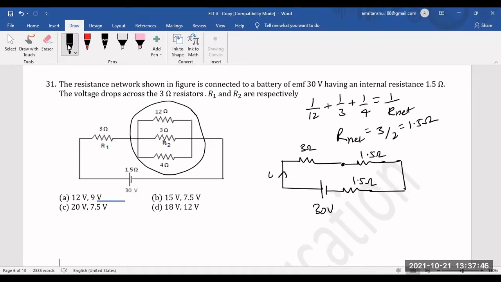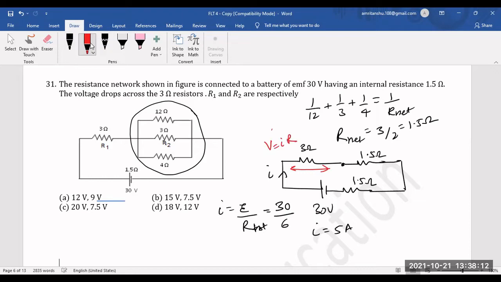So now the current I is equal to E by total resistance R total. E is going to be 30 and R total is going to be 3 plus 1.5 plus 1.5, which is 6. So I is going to be 5 amperes. So potential difference across this will be how much? V is equal to IR.